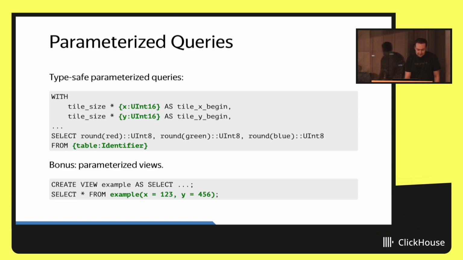Like in this example, you have a substitution of type UInt16, another named substitution also of type UInt16. And you can even substitute AST fragments, like here, table has a type Identifier. And as a bonus, you can use these parameterized queries as a basis for parameterized views, and they are queryable like here, as a table function.